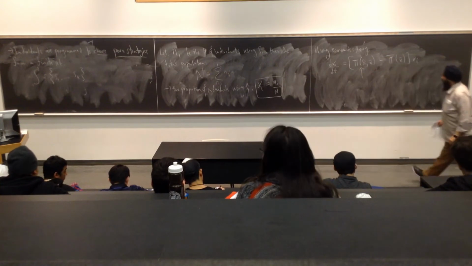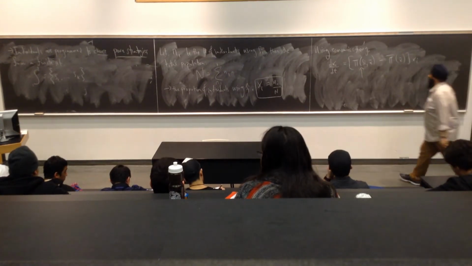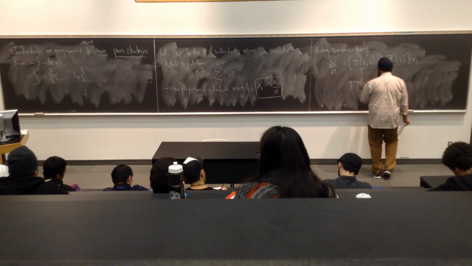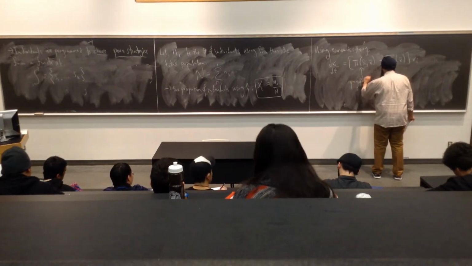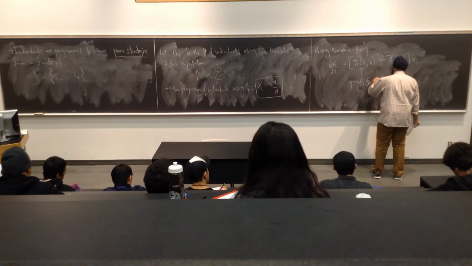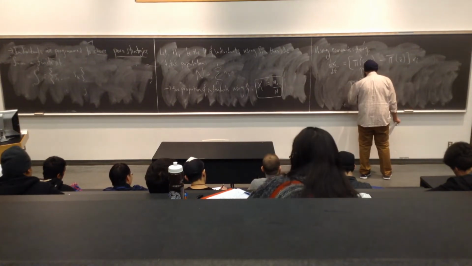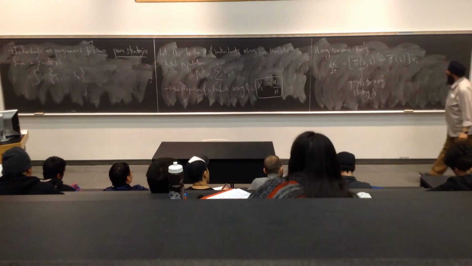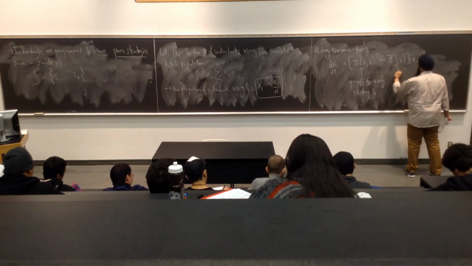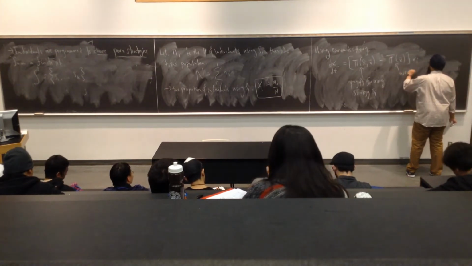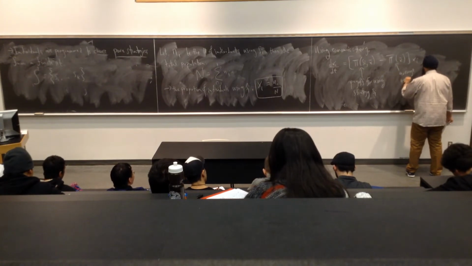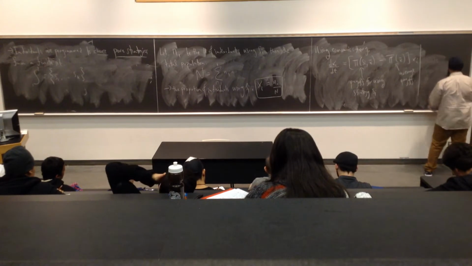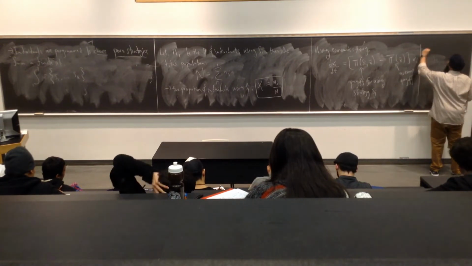This function here, π(S_i)(x), is called the payoff function, the payoff for using strategy S_i, and π bar is the average payoff. We define the average payoff as follows.